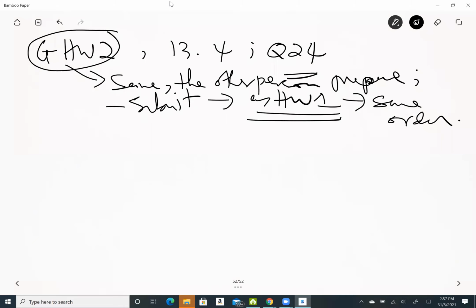I don't want that. I want the order to be the same. So the person who submitted the first homework will also submit the second homework. All right? Any question? Be clear, otherwise you might submit wrongly. Clear or not clear? Understand?